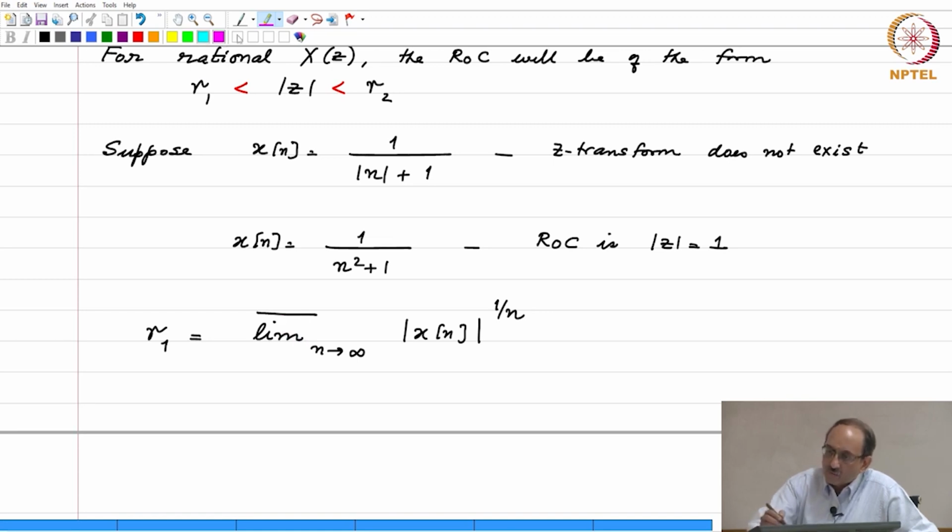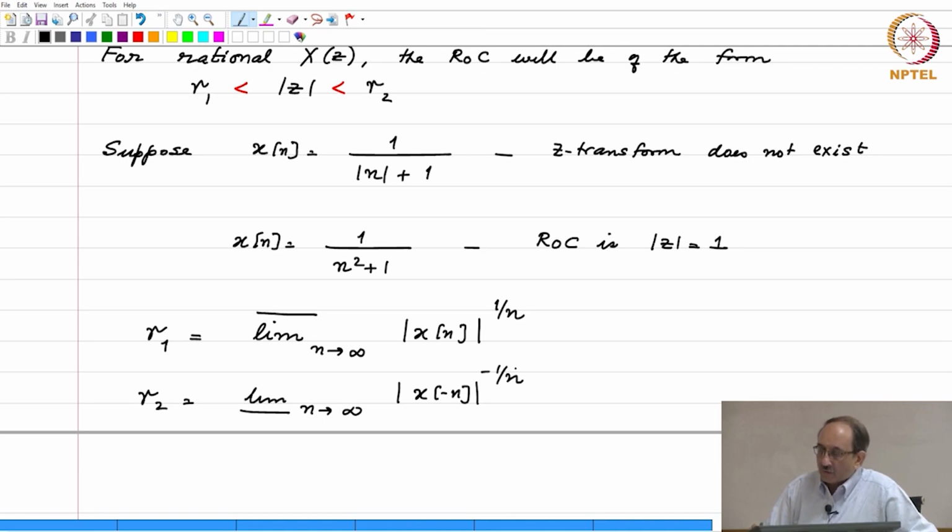So, this stands for lim sup, and R2 will be lim inf of n tending to plus infinity x of minus n to the power 1 over n. So, these are the definitions of the two radii, and this is the Cauchy-Hadamard result. Again, we will not use any of this. If you did not know what lim sup and lim inf were, you need not be concerned whether you will be asked to draw upon that knowledge to solve problems.